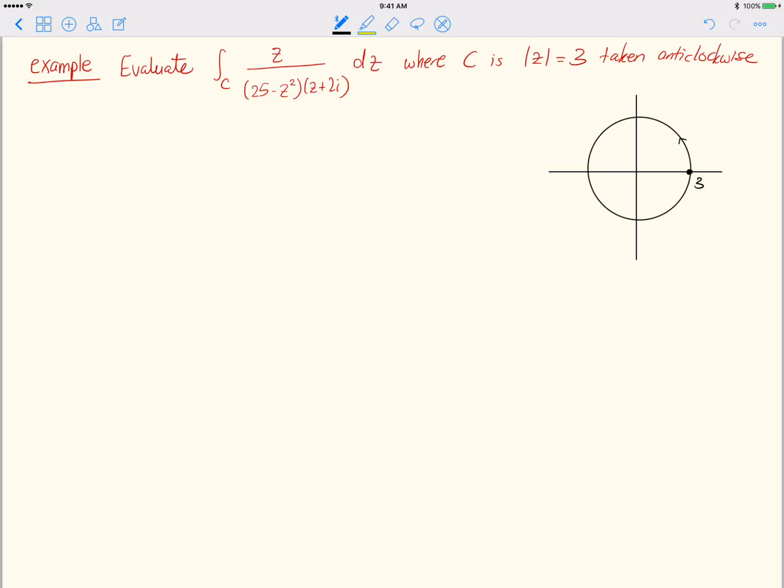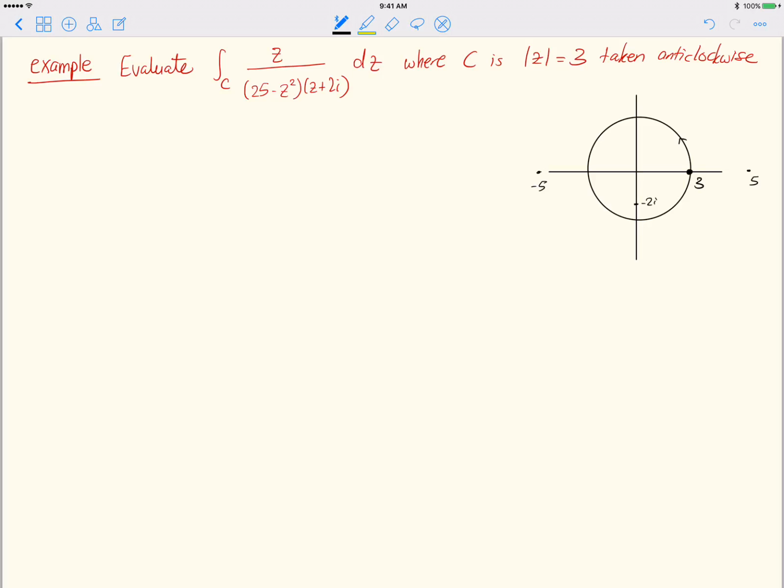Well, one possibility is when z equals negative 2i, which will fall inside C. And the other two places where the denominator will be 0 is when 25 minus z squared equals 0, or in other words, when z equals plus or minus 5. But those points, as you can see, are going to lie outside the circle.